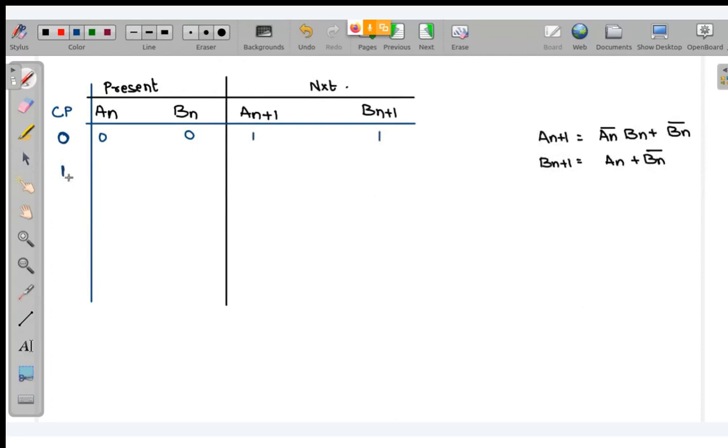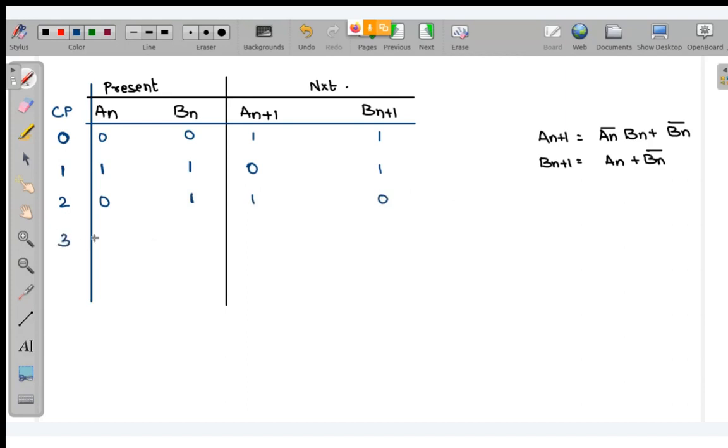At clock pulse 1, your present state is 1 1. Next state will be what? If this is 1, then this is 0 and this is 1. At clock pulse 2, present state is 0 1. What about the next state? This is 1 and this is 0.